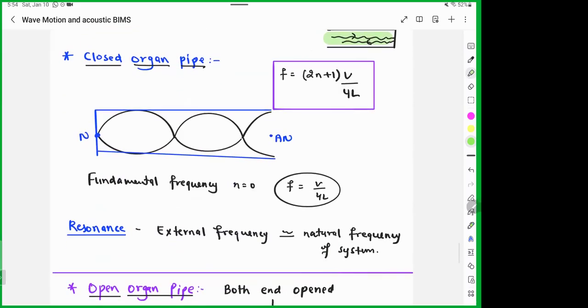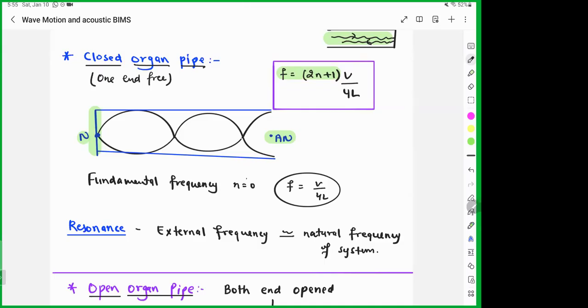If you see a closed organ pipe, one end is closed. So here a node is formed, and on the other side, which is still open, an antinode is formed. How does it look? It looks exactly like one end is free.